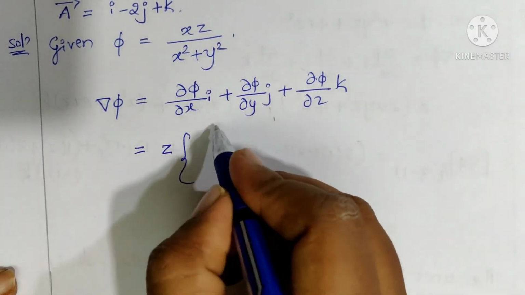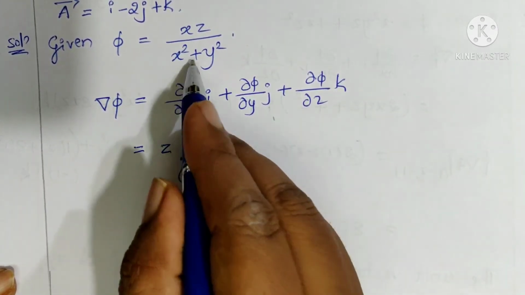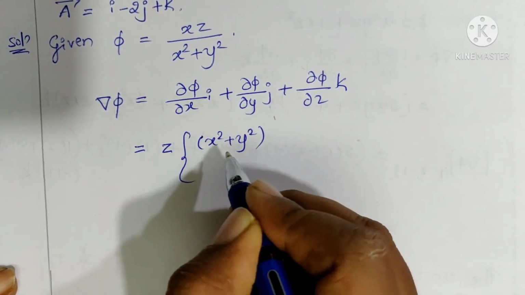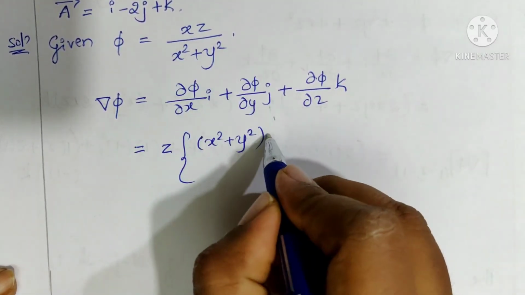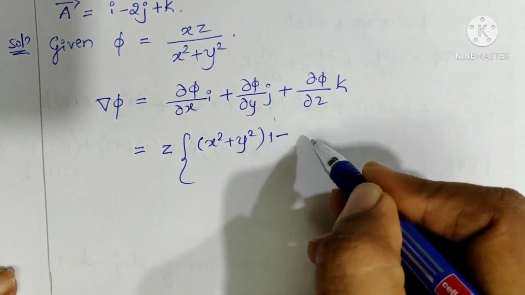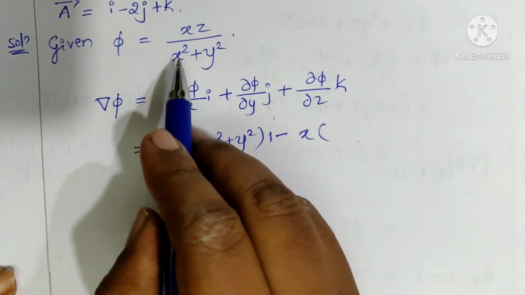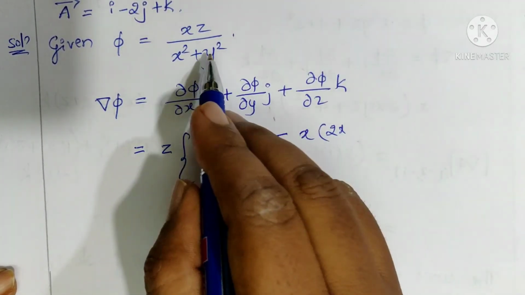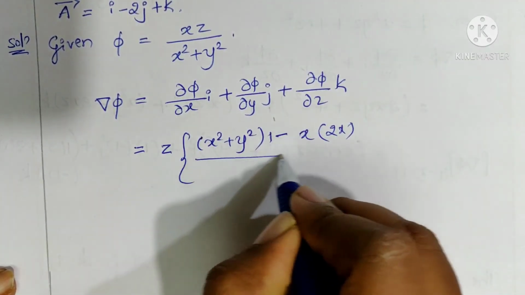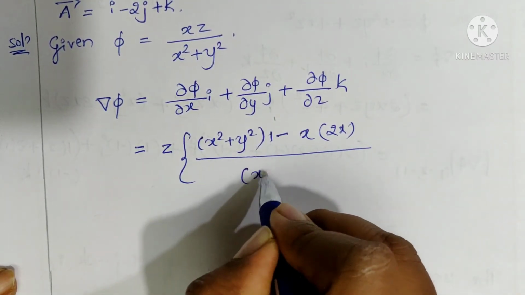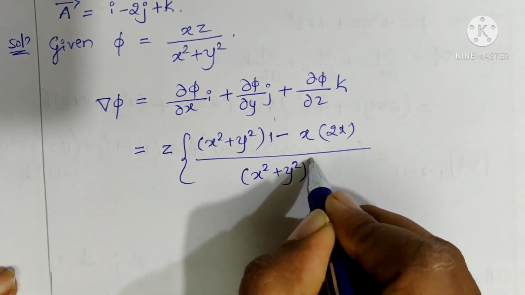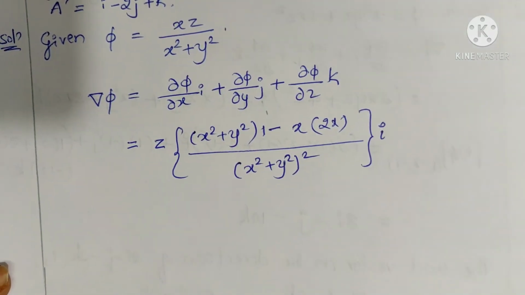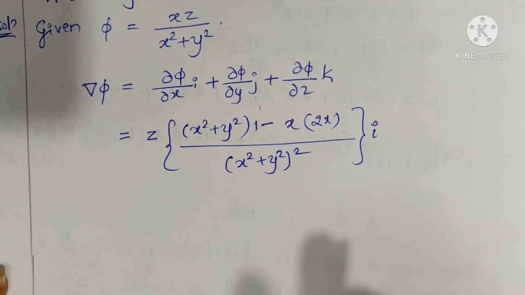Then v, x square plus y square as it is, into differentiation of x is 1, minus x into differentiation of this v is 2x. This one will be 0. So whole divided by denominator square, x square plus y square whole square, into I. This completes the first one, partial differentiation with respect to x.